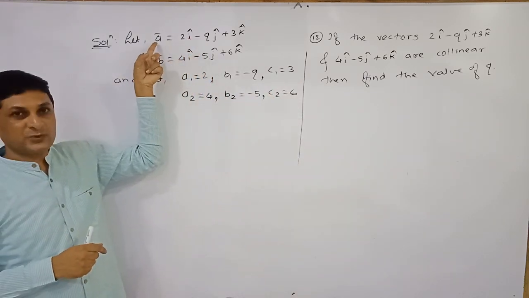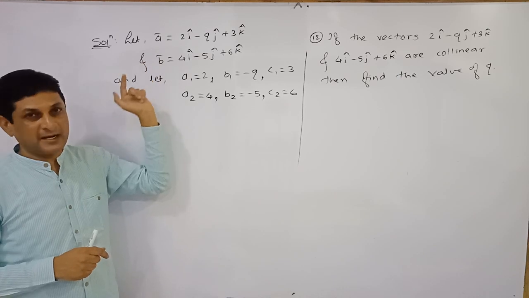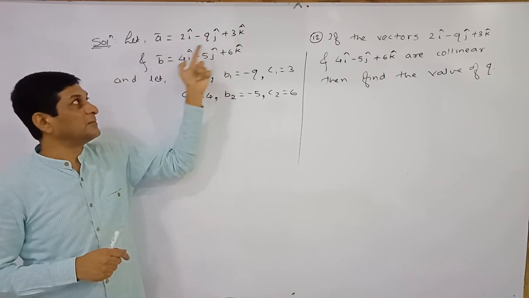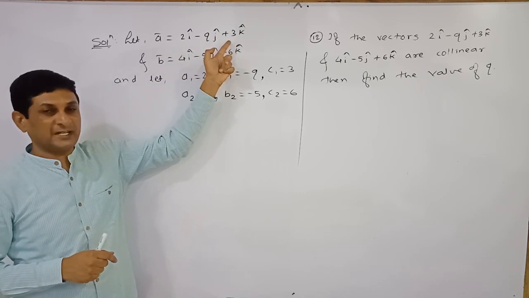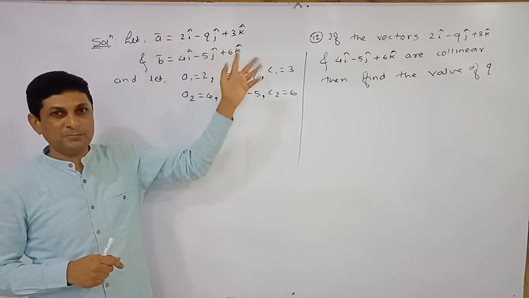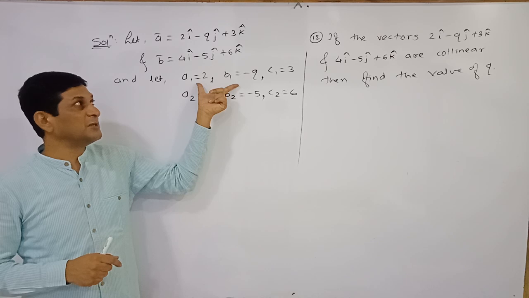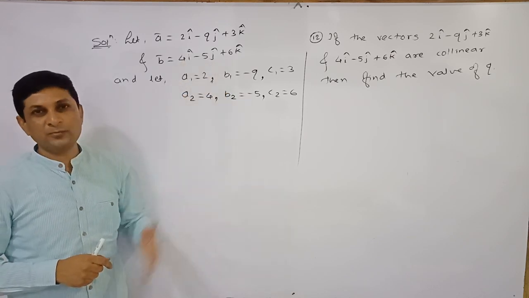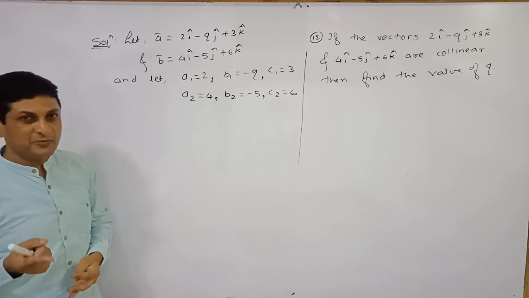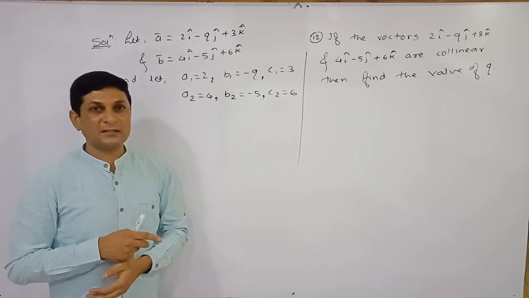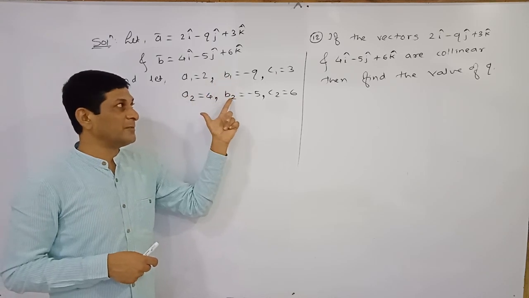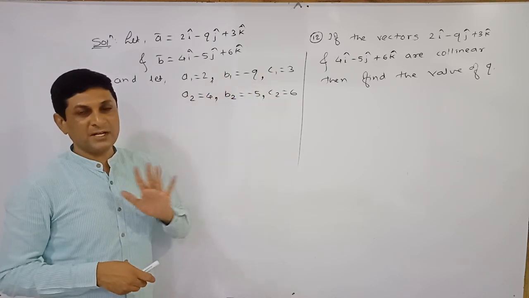I have denoted the first vector by a bar and the second by b bar. Now we denote the coefficients of i cap, j cap, k cap in the first vector by a1, b1, c1, and in the second vector by a2, b2, c2. And we know that if vectors are collinear, which condition is satisfied? a1 upon a2 is equal to b1 upon b2 is equal to what? c1 upon c2.